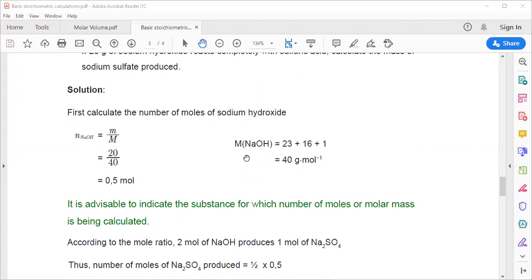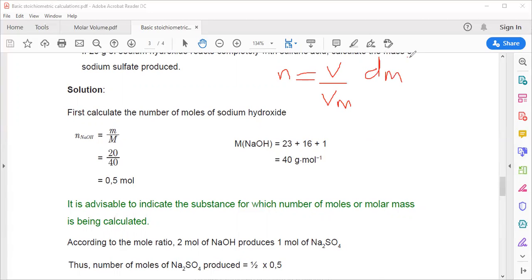You can be given, for example, cubic centimeters. Instead of liters, I can give you 11,2 cubic centimeters. So before you put it in the formula, n is equal to V over Vm, you need to convert that V. Whenever you do your calculation, n is equal to V over Vm, the units must match.